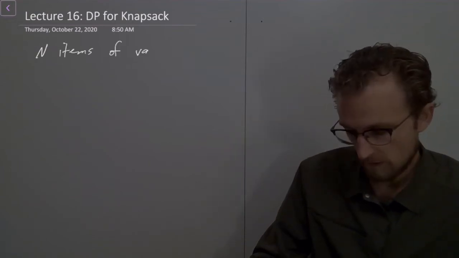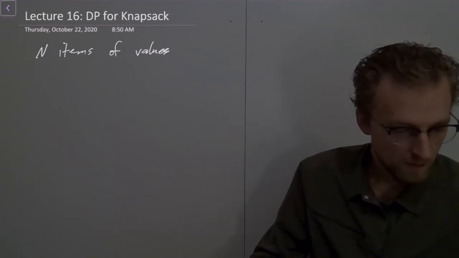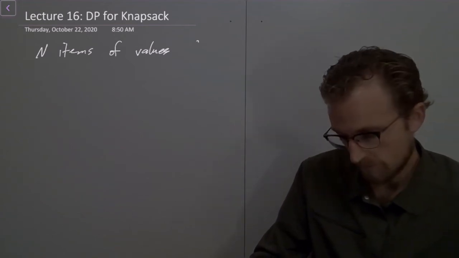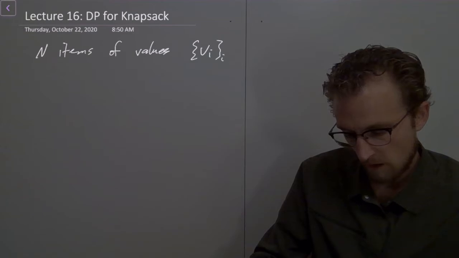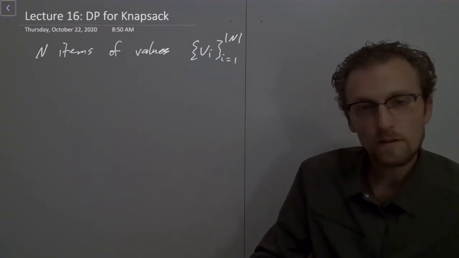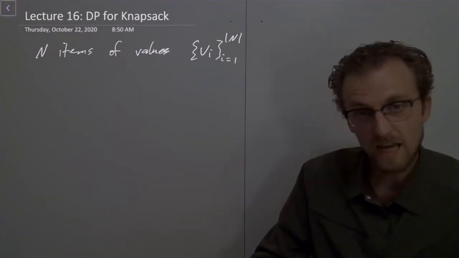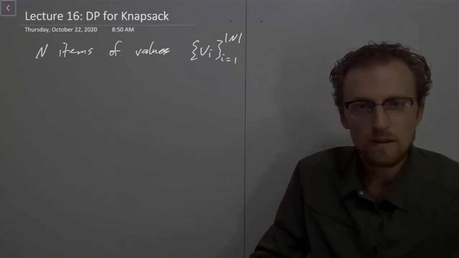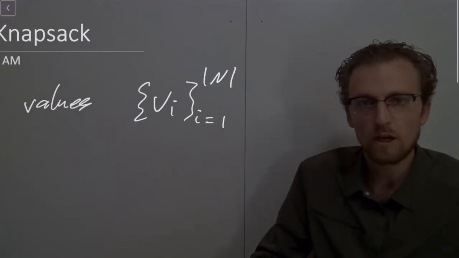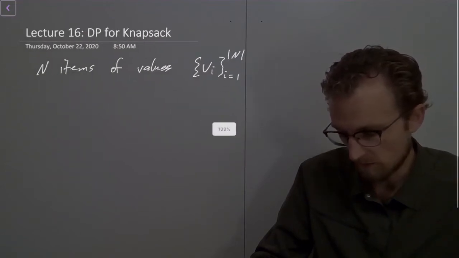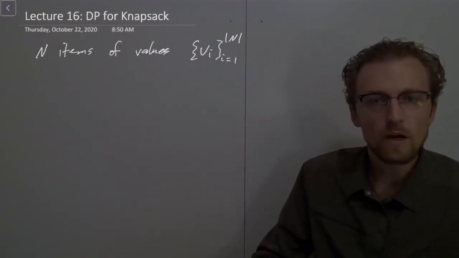So let me refresh your memory about the knapsack problem. We have n items of various values v_i, where i equals 1 to the size of N. Throughout, I'm going to variously refer to the size of the set N either using the cardinality bars surrounding the set, or I can write the little n as well.